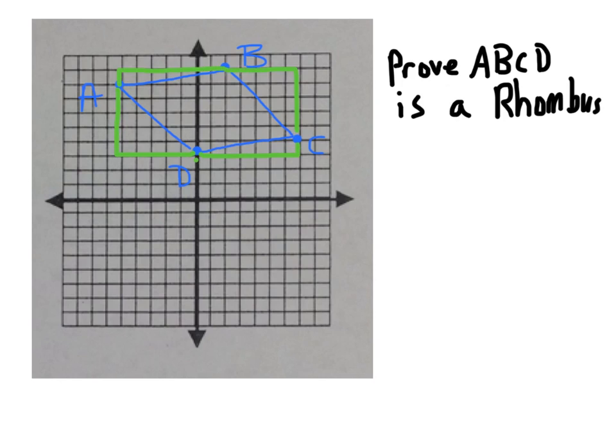So let's start with this white triangle here. If I'm counting the height and the base of this right triangle, I've got a height of 1, 2, 3, 4, 5. And I have a base that is 1, 2, 3, 4, 5.